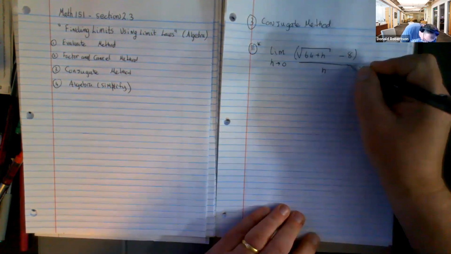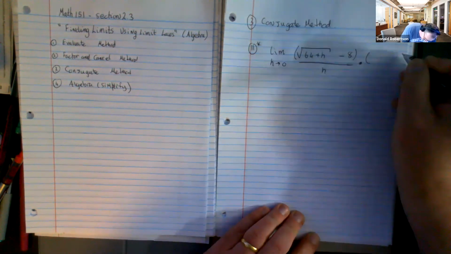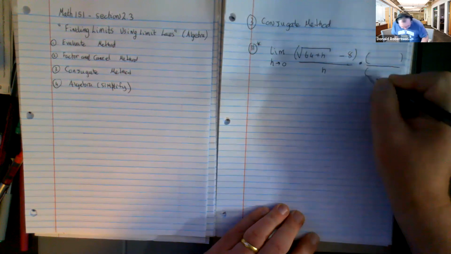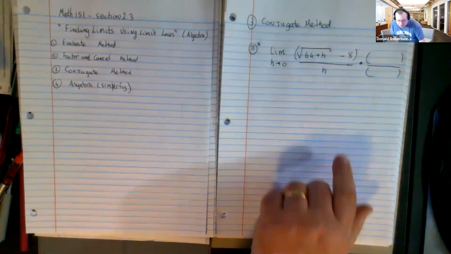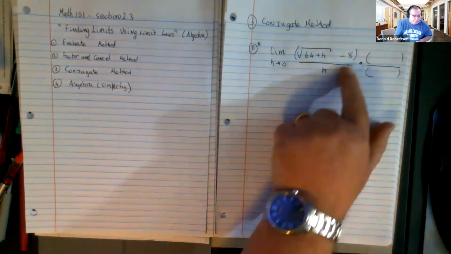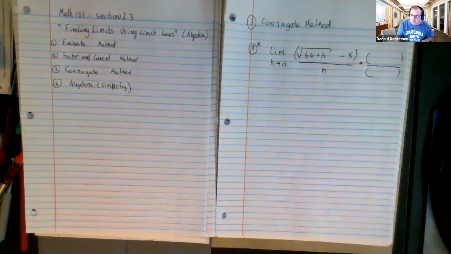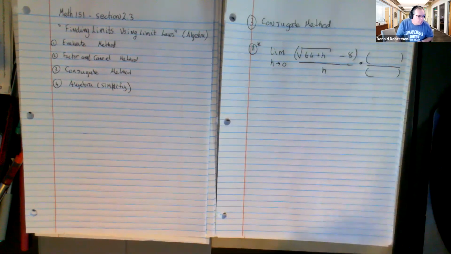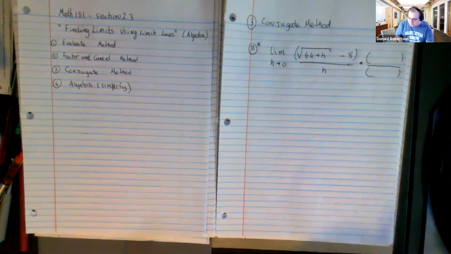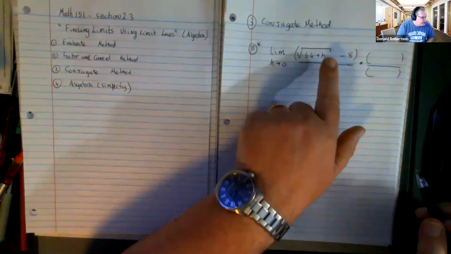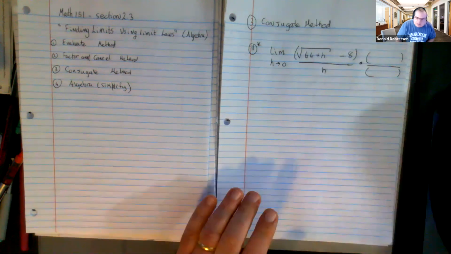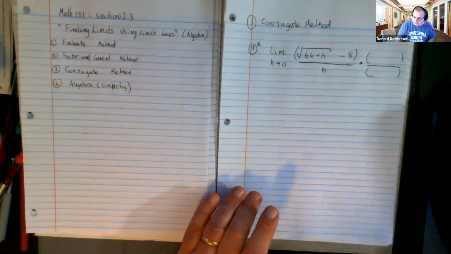Now, the conjugate method, to remind you, you multiply this fraction by a special version of 1. And what makes the process work is that if you multiply a fraction by 1, you're not changing anything significant about it, right?